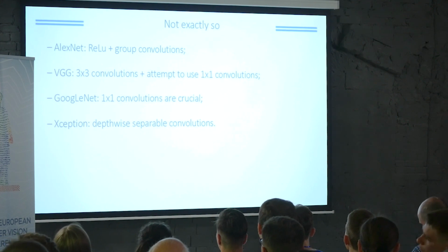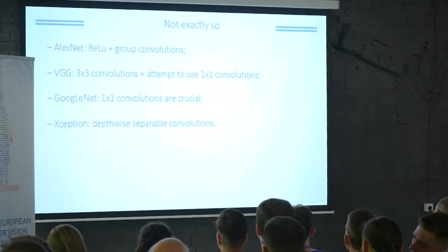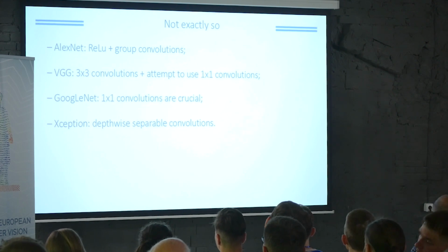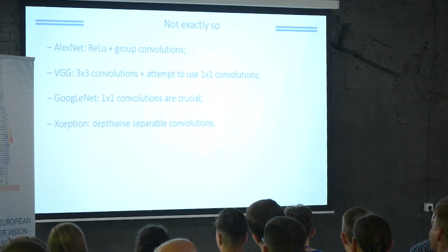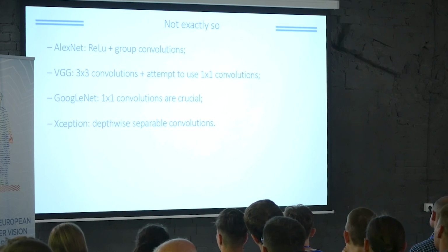For example, when we look at AlexNet, we find that they used ReLU because it was far more efficient than using the hyperbolic tangent function. And they also, as a performance hack, used group convolutions.